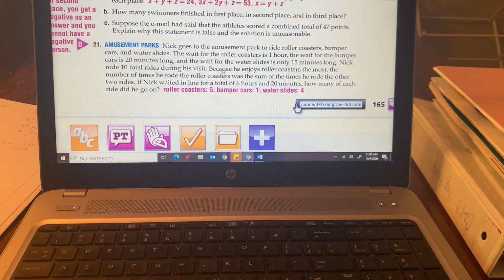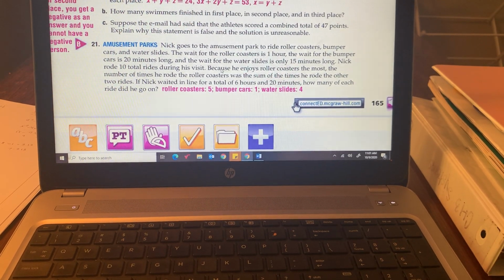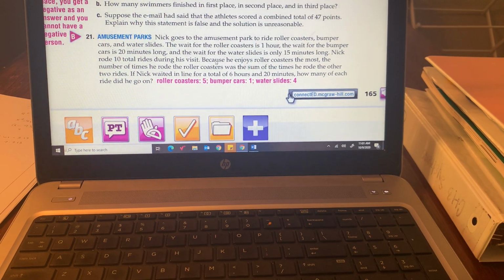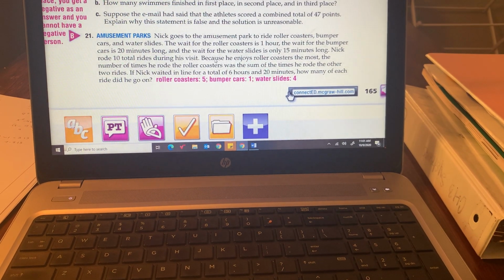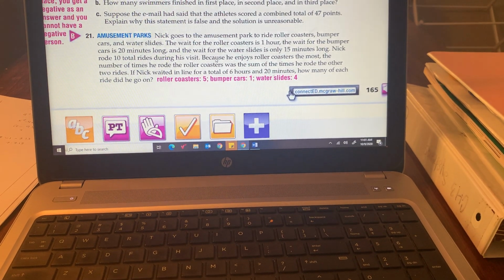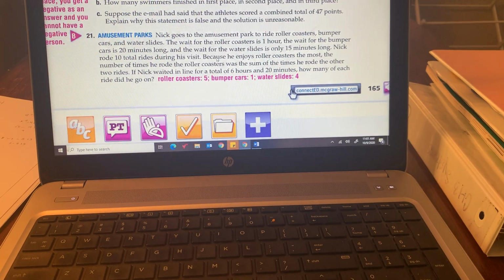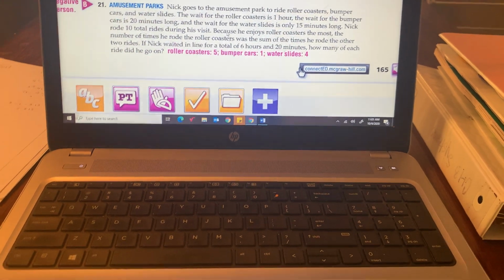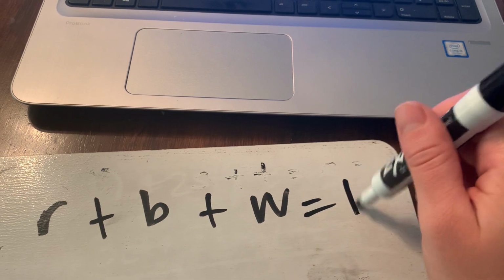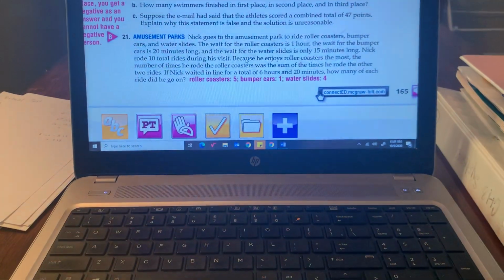Nick goes to the amusement park to ride roller coasters, bumper cars, and water slides. The wait for the roller coasters is 1 hour. The wait for the bumper cars is 20 minutes long. And the wait for the water slides is 15 minutes long. Nick rode a total of 10 rides. So we know that he rode all of these, and there's 10 rides. How many of each?